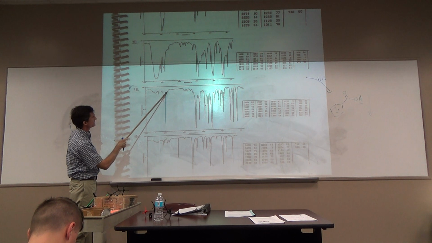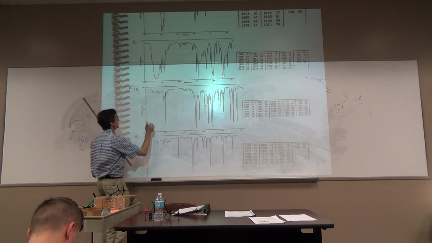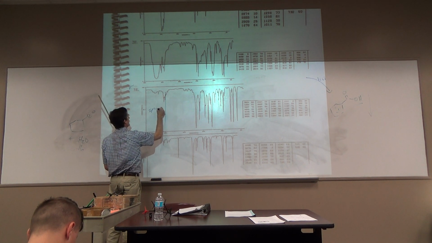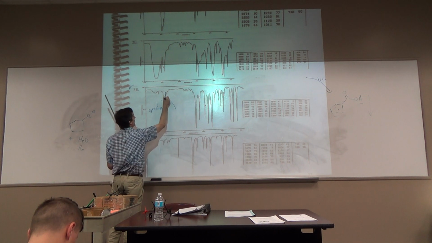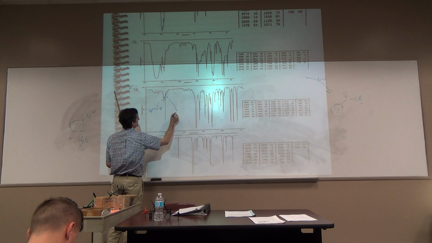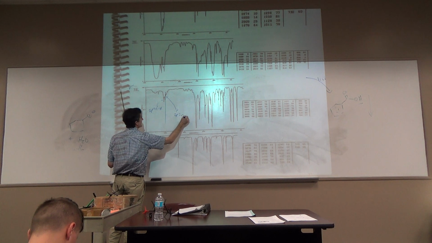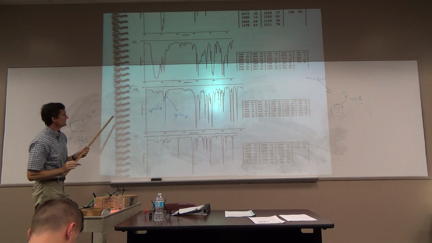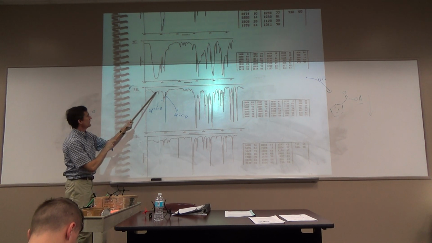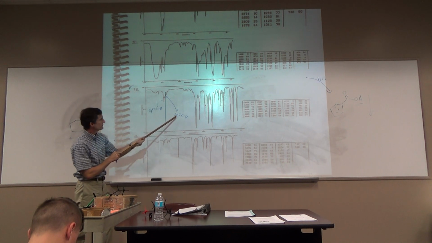Is this yes or no? It definitely has sp2 CH. I don't know. It looks like it does, but it also looks like it's trying to not have sp3 CH. We'll see. This funny looking stuff.